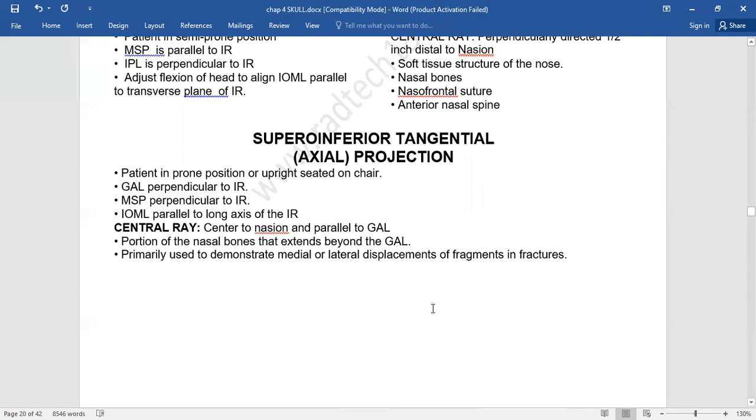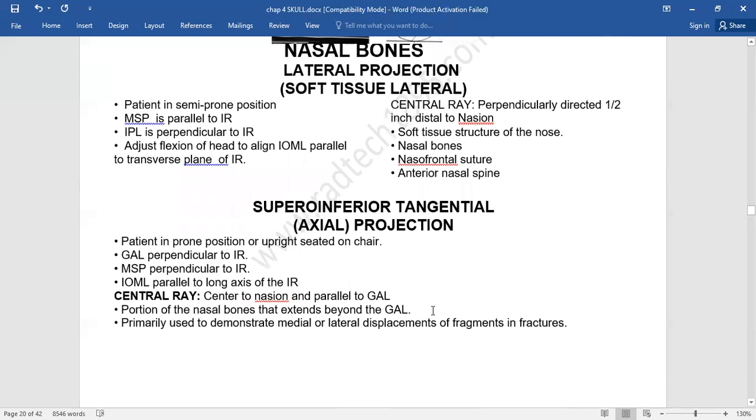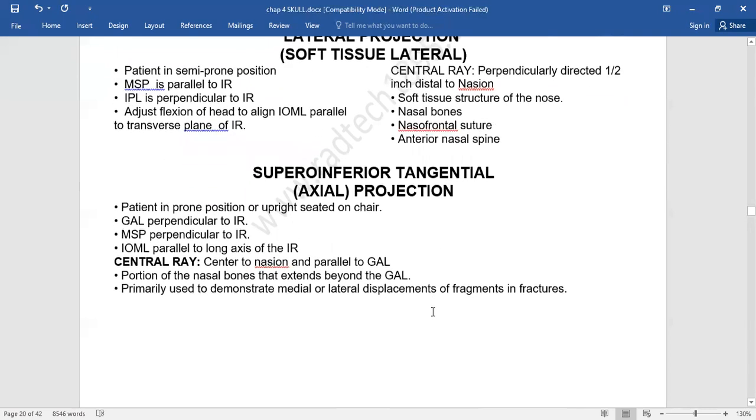So it can demonstrate portion of the nasal bones that extends beyond the glabello-alveolar line and also to demonstrate the medial or lateral displacements of fragments in fractures. So kung yung mga fractures sa nasal bones, so mas maganda itong superior inferior tangential projection to demonstrate the medial or lateral displacement of fragments in fractures.